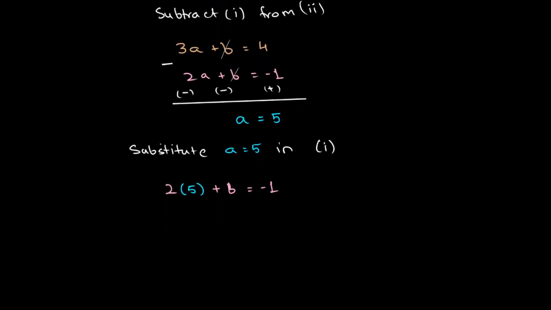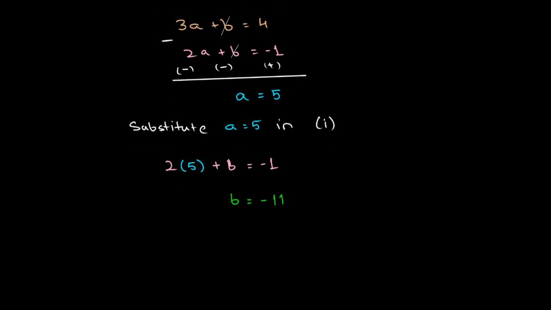Right, now if you simplify this a little, 2 into 5 is 10. 10 plus b is equal to minus 1. Take the 10 to the other side. So you'll end up getting the value of b as minus 11. Right? And this is what we have to find.